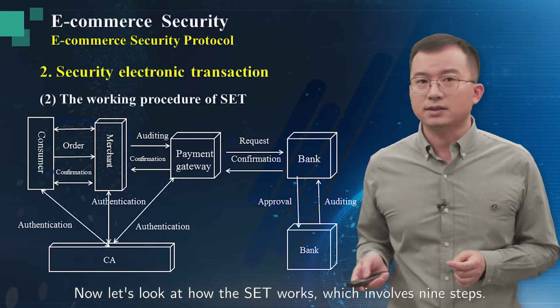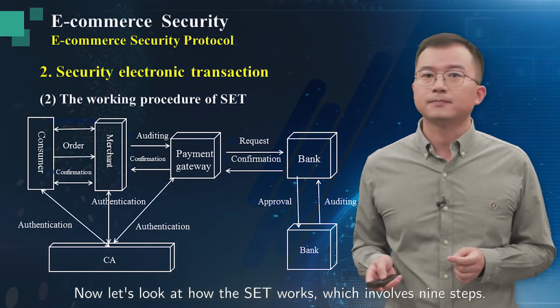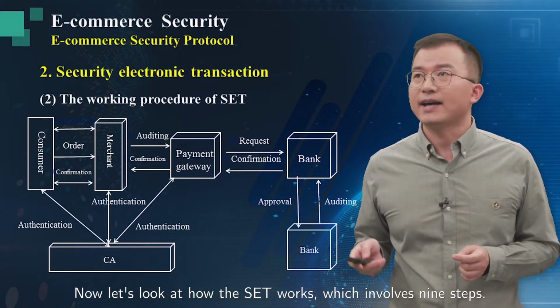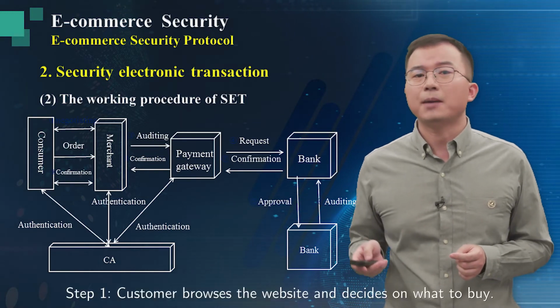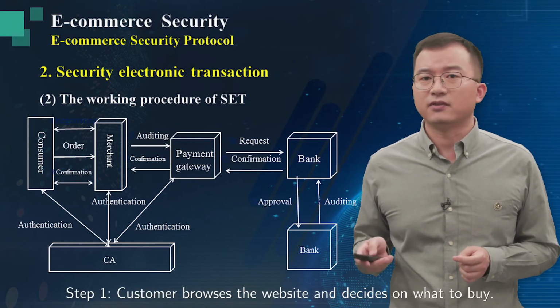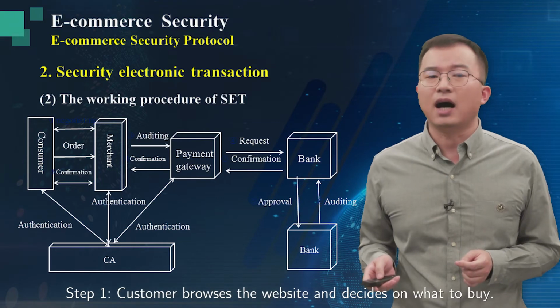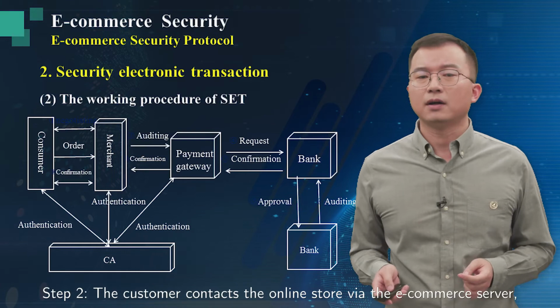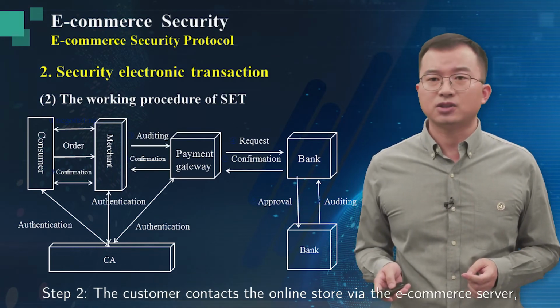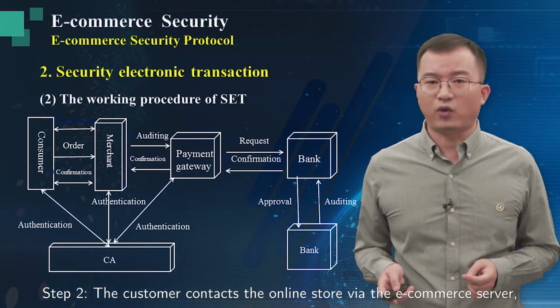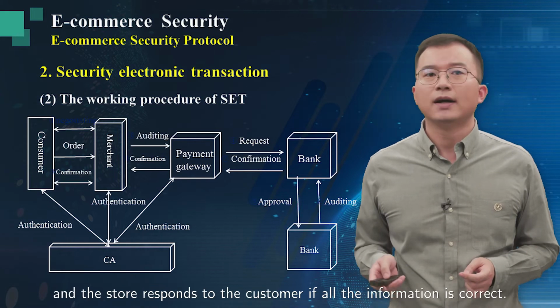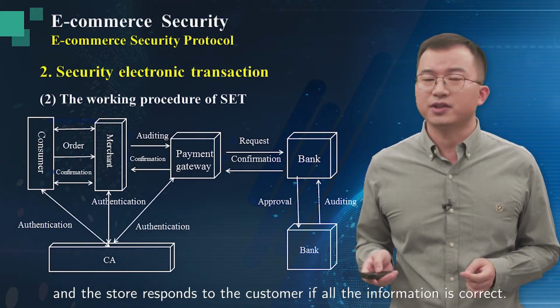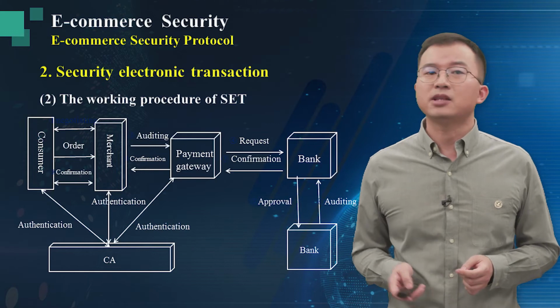Now, let's look at how SET works, which involves 9 steps. Step 1. The customer browses the website and decides on what to buy. Step 2. The customer contacts the online store with the e-commerce server, and the store responds to the customer if all the information is correct. Step 3.